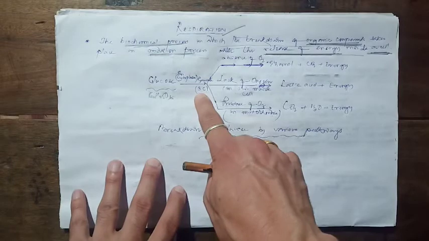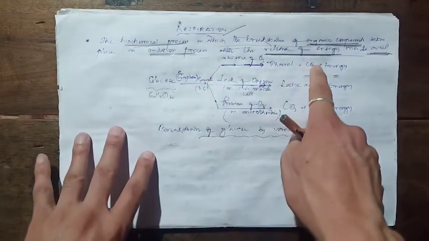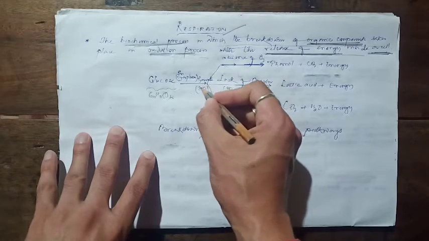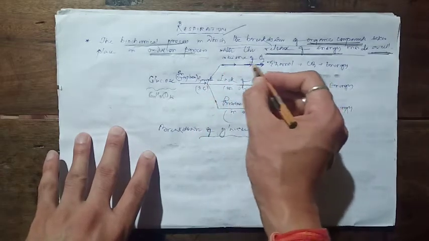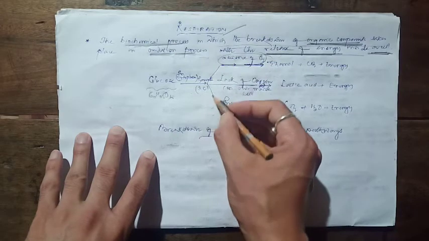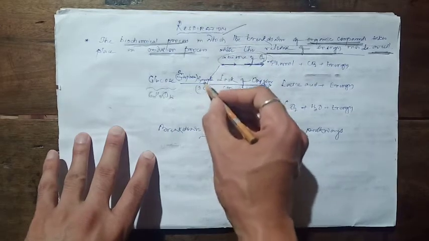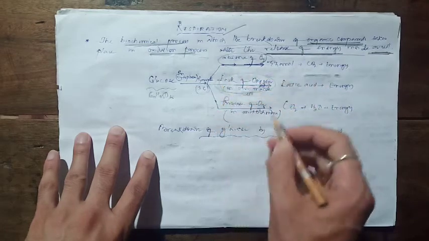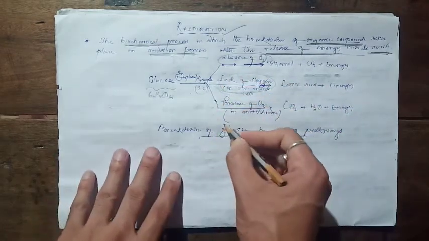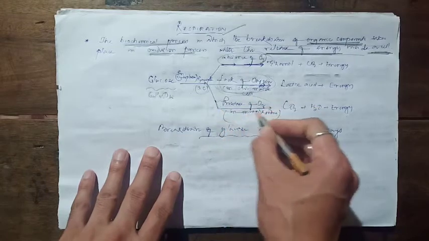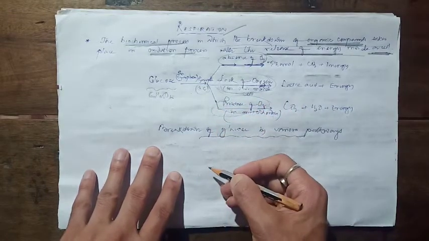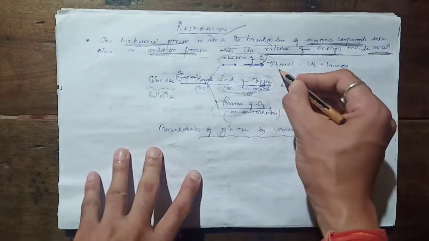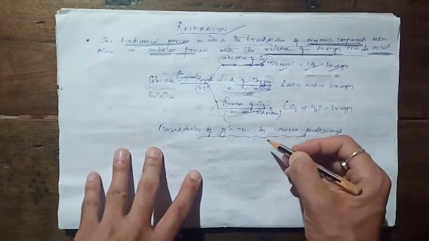Now this 3 carbon molecule is broken down to produce energy in 3 different ways. You can see here, this 3 carbon pyruvate molecule may be broken down in the absence of oxygen, in lack of oxygen, or in the presence of excess oxygen. If it is broken down in the absence of oxygen, ethanol and carbon dioxide are produced and energy is released.